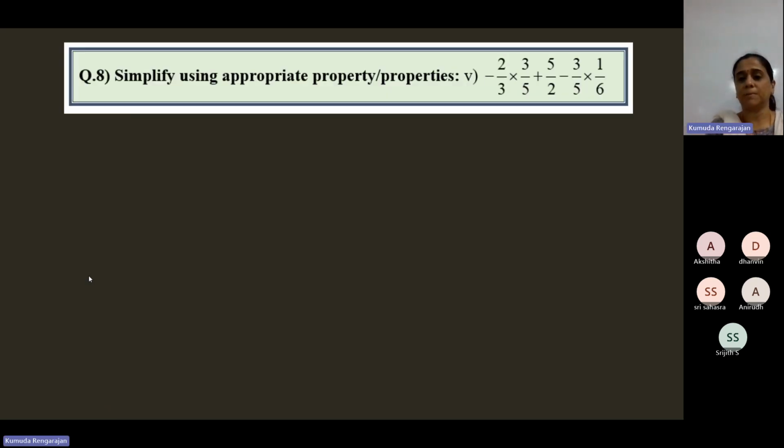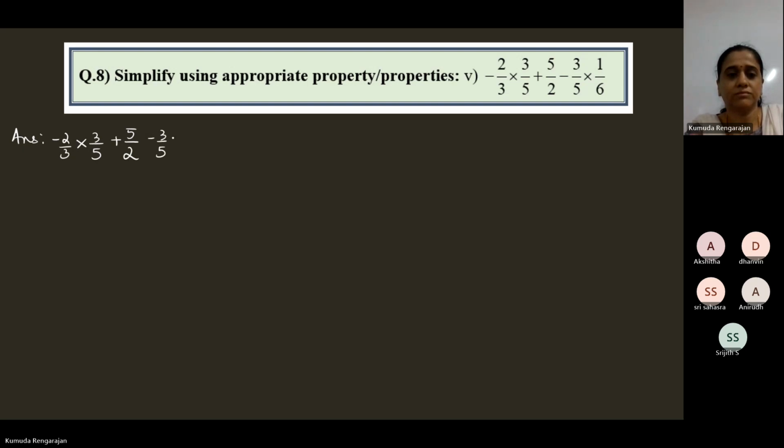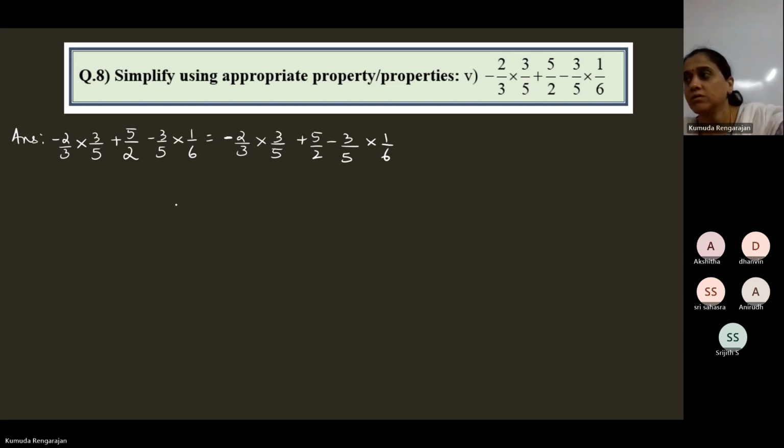Yeah. This is the next question. So wherever there's multiplication, use brackets.